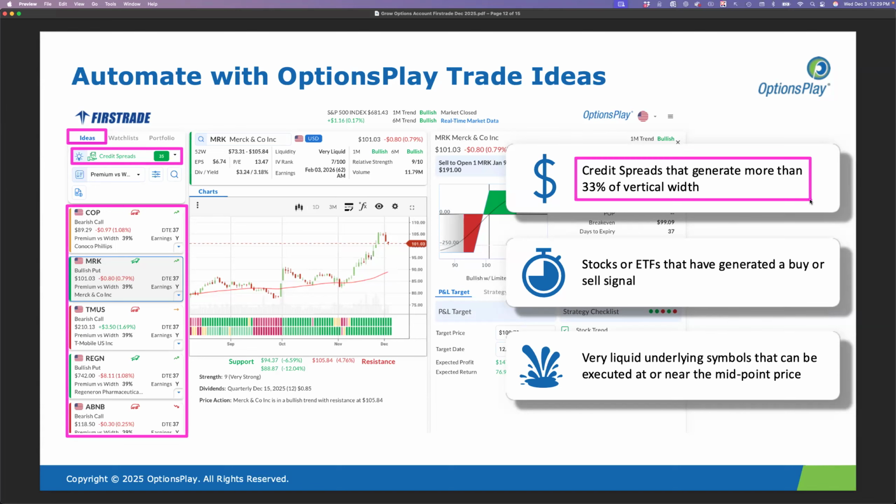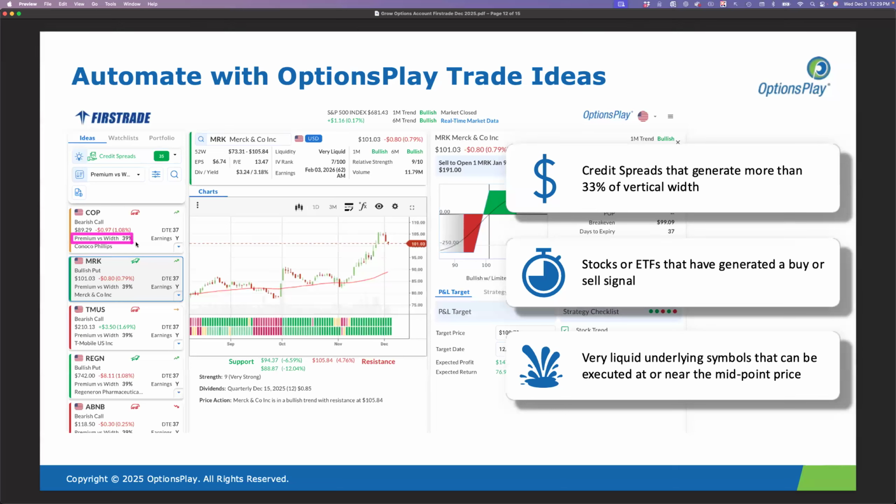We actually tell you how much premium you're collecting as a percentage of the width, and it's ranked for you from top to bottom. That's how I found that Merck trade that I was showing you before, because Merck showed up as an opportunity where the premium we were collecting was 39% of the vertical width.